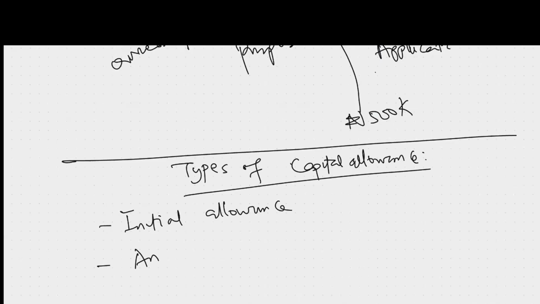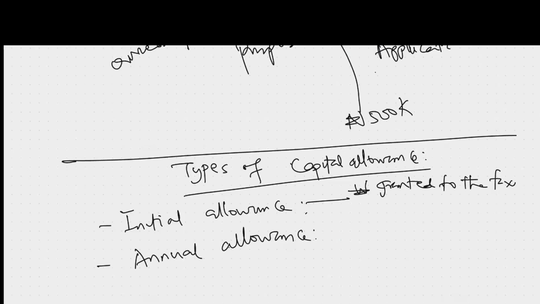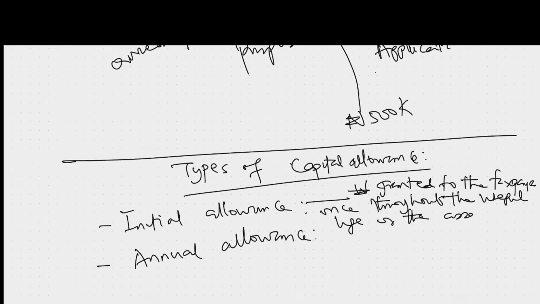We said initial allowance is an allowance granted to the taxpayer once throughout the useful life of the assets. I also told you that qualifying capital expenditure is synonymous to fixed assets.